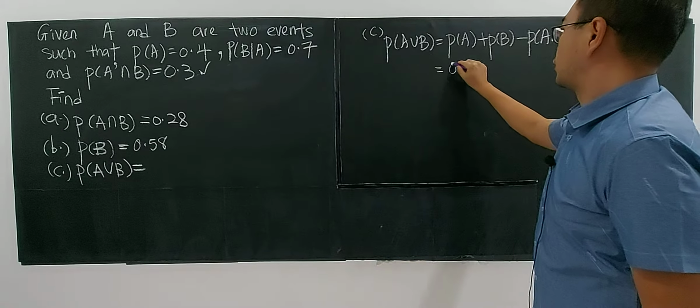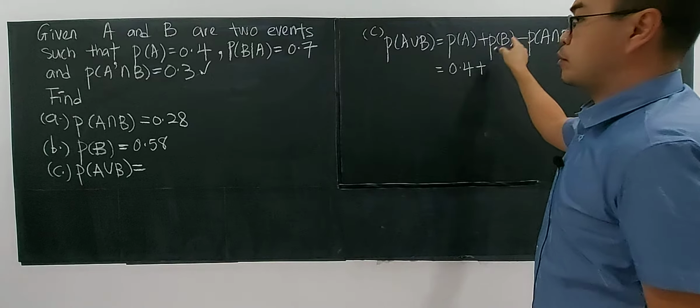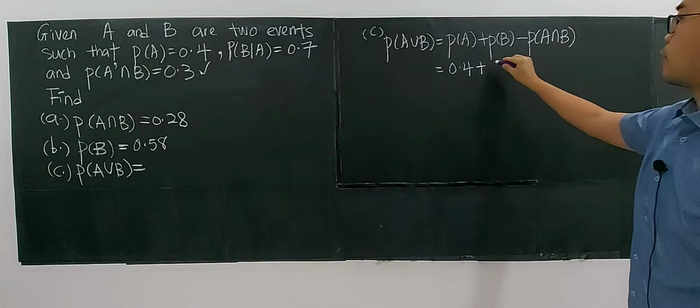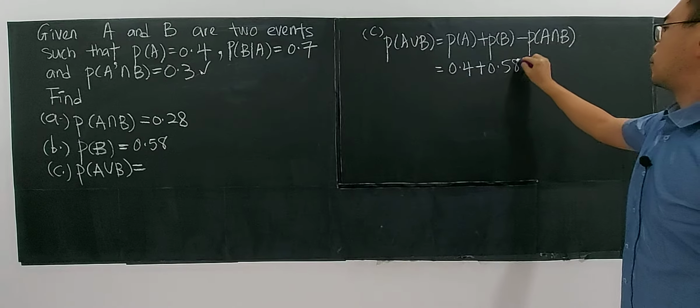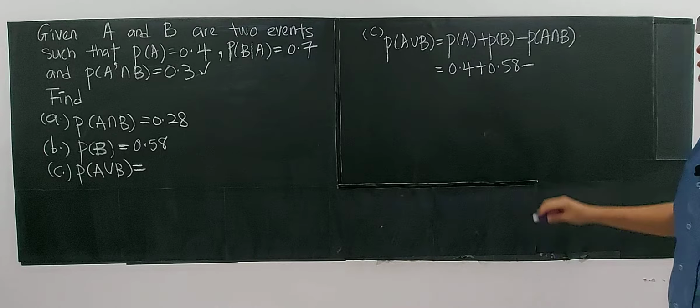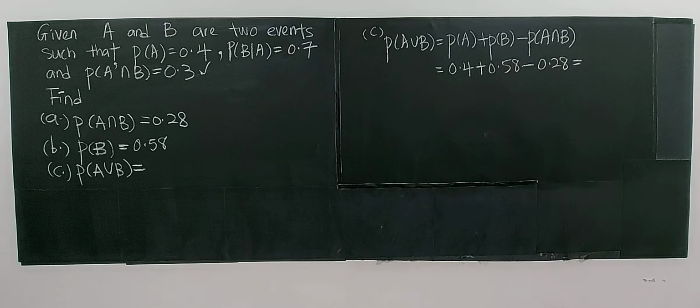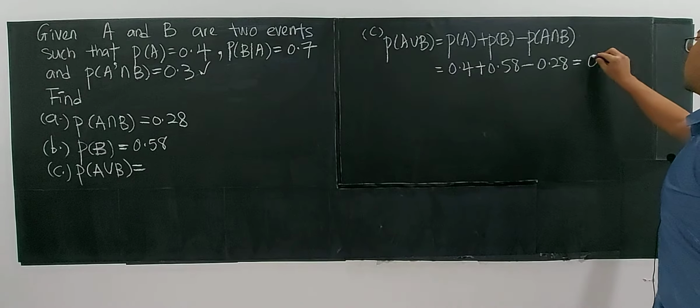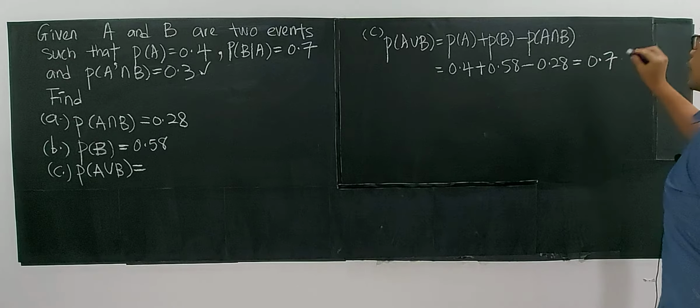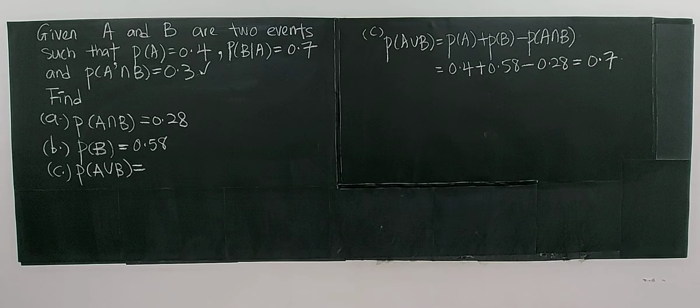You have the probability of A 0.4, the probability of B 0.58, minus the probability of A intersect B 0.28. By calculating this, you will get your answer, which gives you 0.7. So the probability of A union B is 0.7.